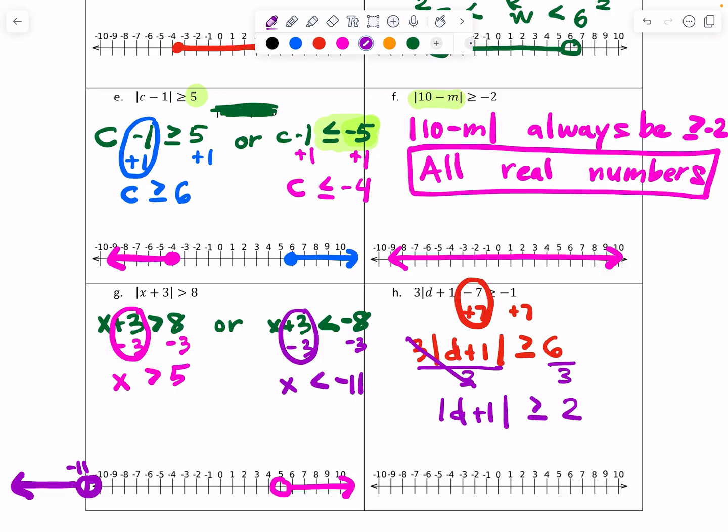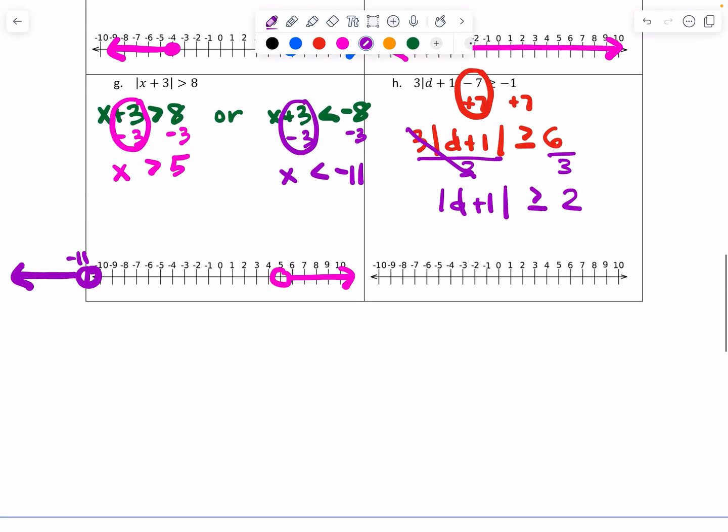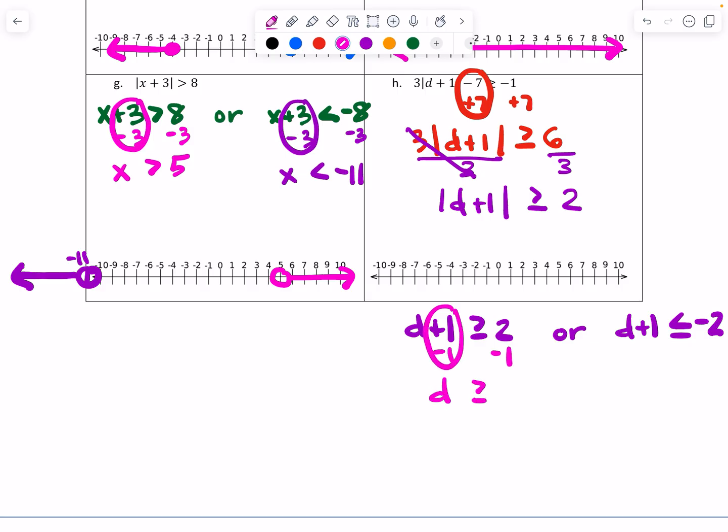So we're going to write our inequalities. So that means that d plus 1 could be greater than or equal to 2, or d plus 1 could be less than or equal to negative 2. So when I solve, if I subtract 1 from both sides, that will add to 0, and I'll get d is greater than or equal to positive 1.